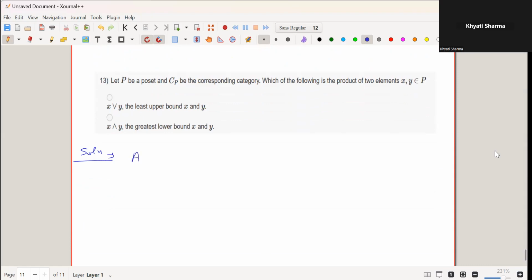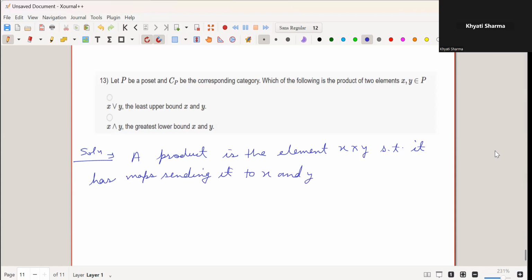So let me first define what a product is. The product is the element x cross y such that it has maps sending it to x and y.